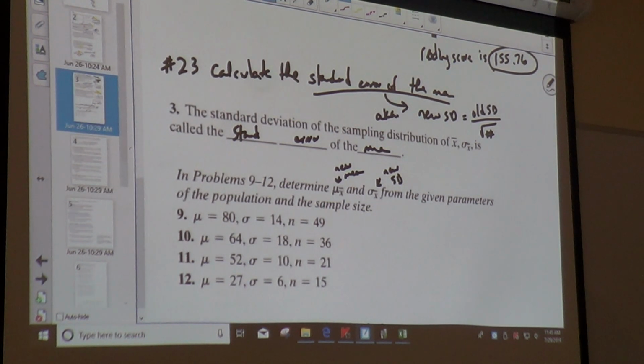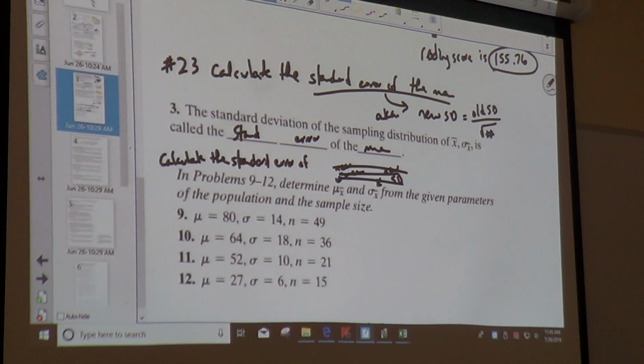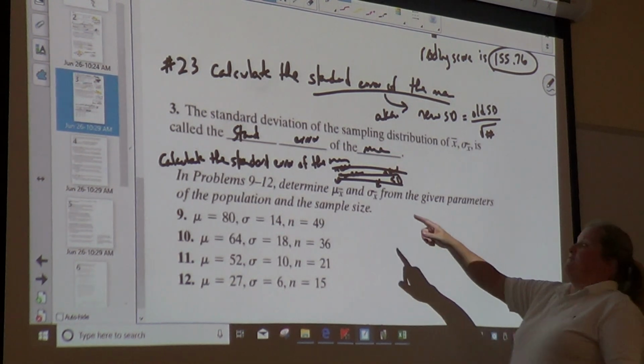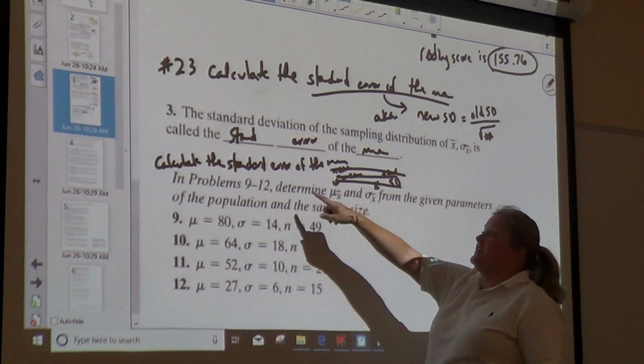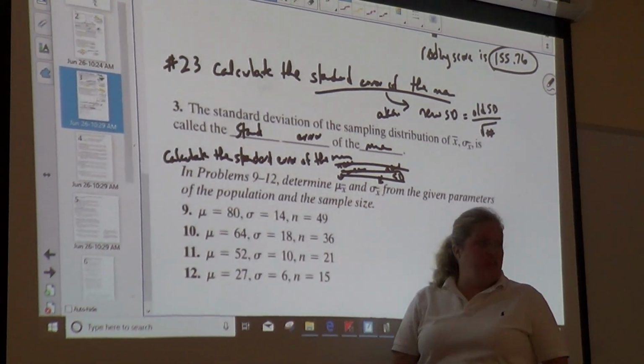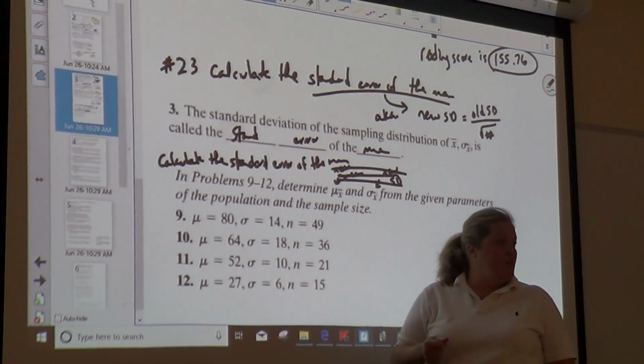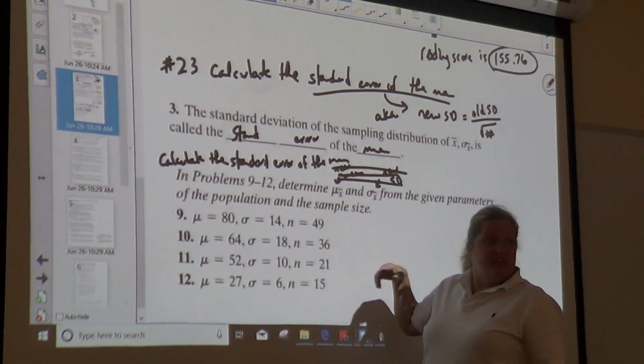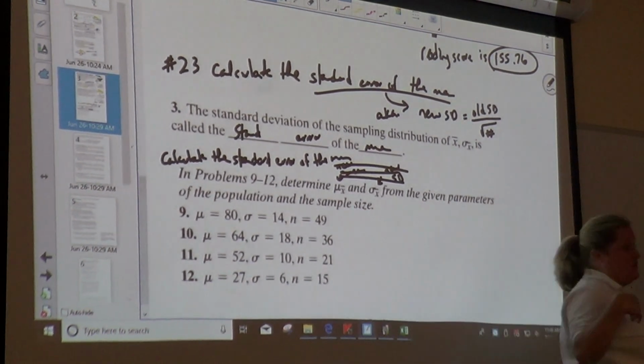So in your directions it's going to say, calculate the standard error of the mean. That's what it's going to say. So it's not going to say find the new mean and find the new standard error. It's going to say give me the standard error of the mean. And you're going to have to know, take the old standard deviation and divide it by the square root of the size of the group.